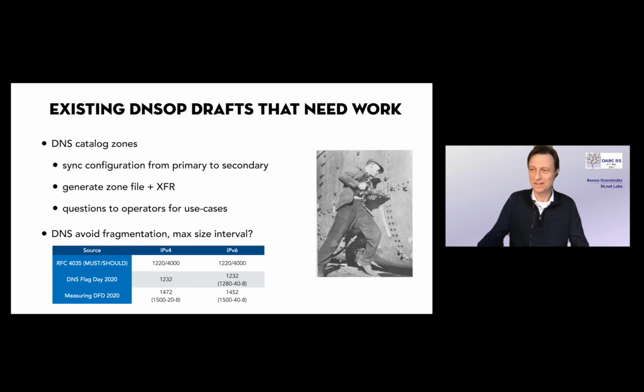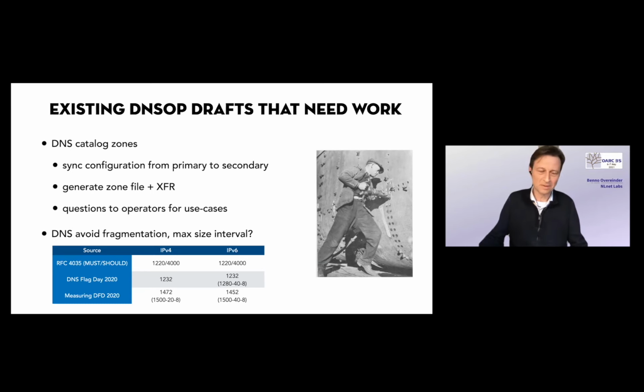Geoff Huston did a number of measurements, measuring the DNS Flag Day, and he came to some other values as a recommendation. So it doesn't seem that the DNSOP working group comes to one specific value, but to a range, an interval of reasonable values.